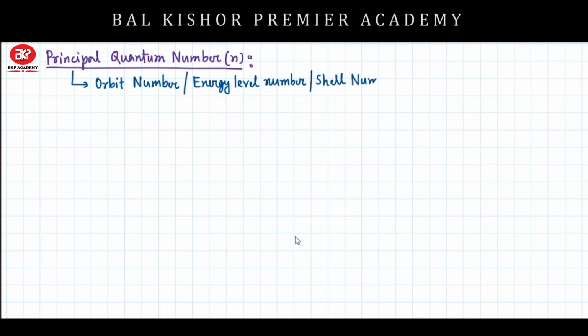We have already seen what the shell number and the energy level number are. So the principal quantum number defines the energy of an electron.